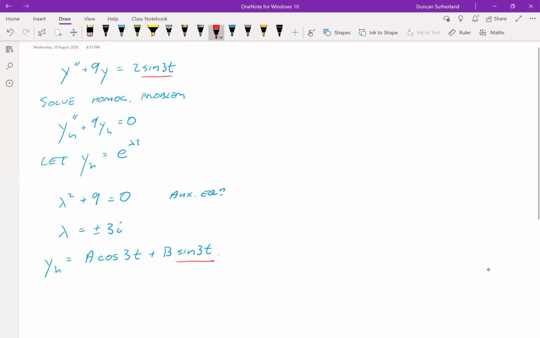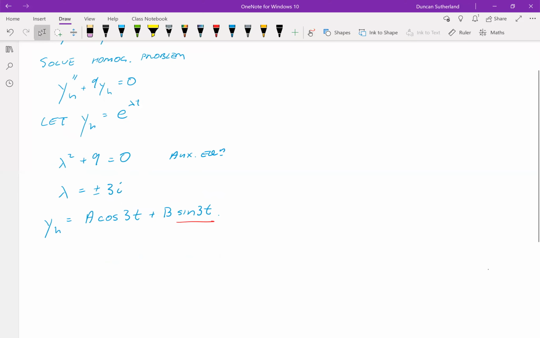We've got a matching between the driving sine 3t term and the homogeneous solution sine 3t. All right, so we've got to figure out how to deal with this.